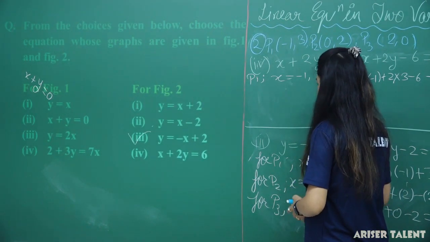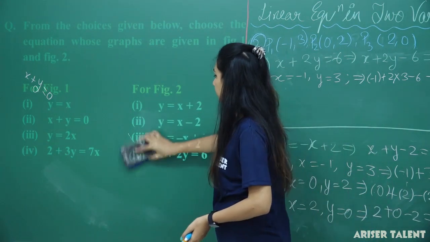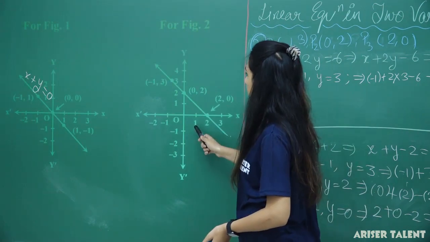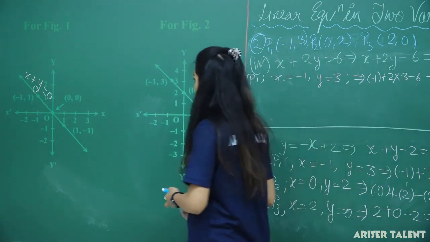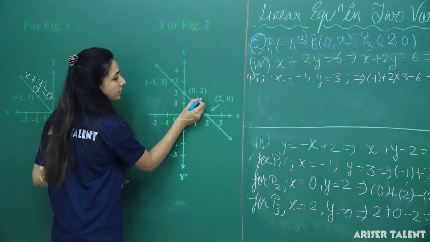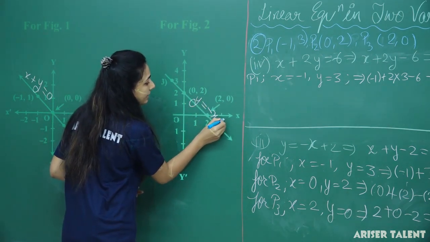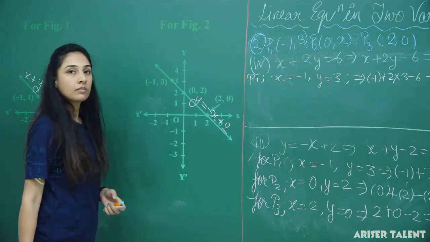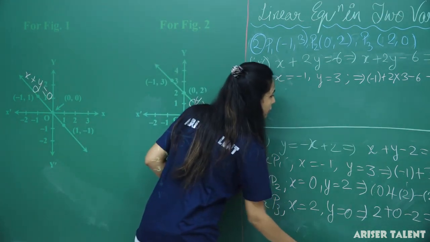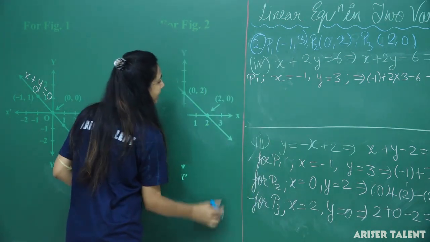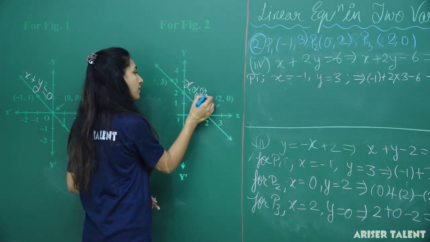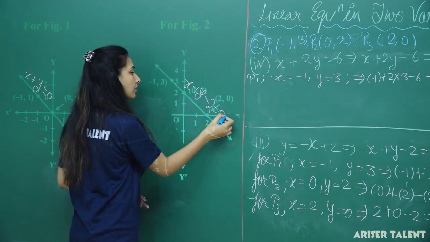This is our equation. So that means this graph 2 we are talking about has its equation y equals minus x plus 2, right? Or you can say that this equation is x plus y equals 2, or x plus y minus 2 equals 0.